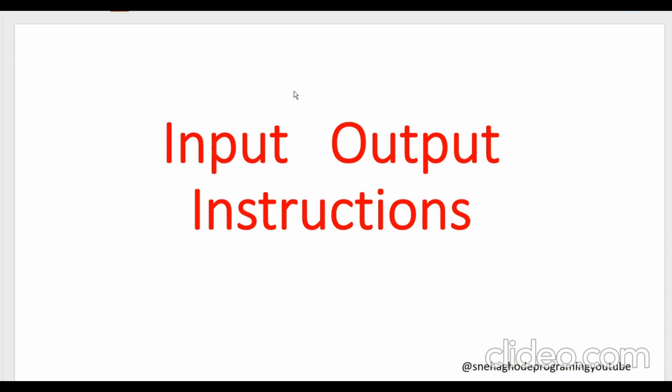There will be no program without input and output instructions, because if we do not get an input, we cannot print any output. So it will take a set of input and display the output to the user.